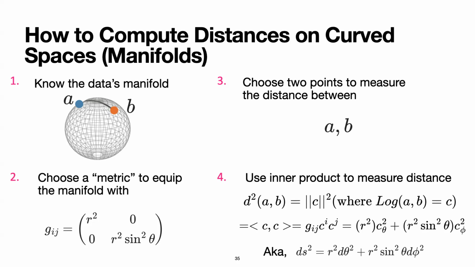Okay. So this whole sphere is parameterized by theta and phi, and therefore each point has an individual theta and phi. Theta and phi in this case are called intrinsic coordinates because they're the coordinates of the manifold. So A has a theta and phi and B has a theta and phi. Does that make sense? Yeah. Okay.